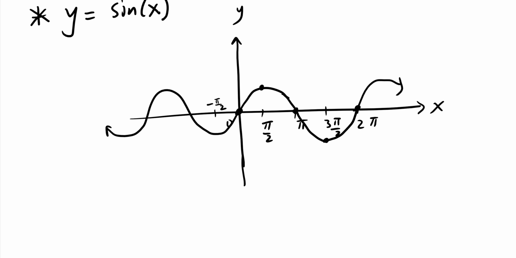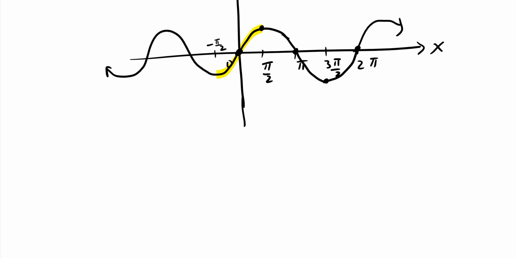But if we draw a horizontal line here, it's going to cross the graph at more than 1 point. So what do we have to do in this case to get an inverse? We pick an interval. I'm going to choose this one, that's the most common one. The highlighted part or interval or curve, this part has an inverse.